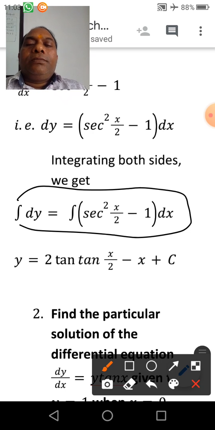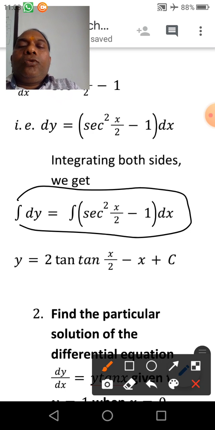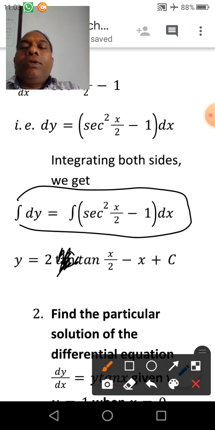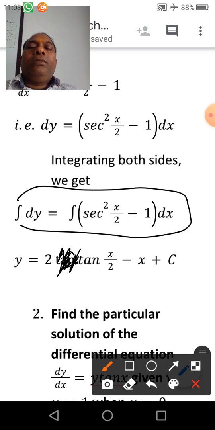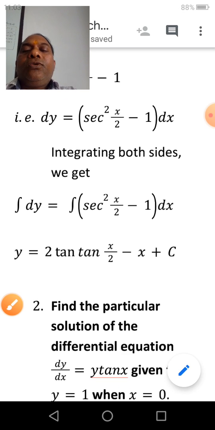Now you can integrate it. So y is equal to tan x by 2 minus x plus c, where c is the integration constant. Clear? Now see the next question.